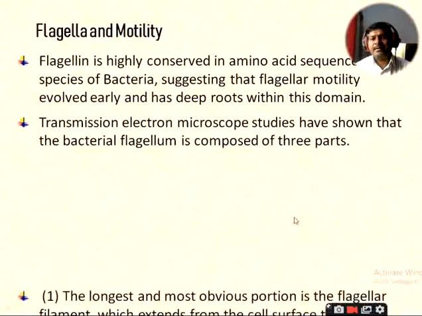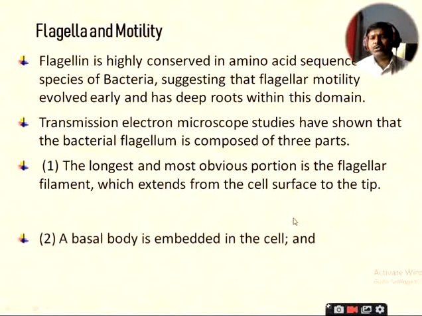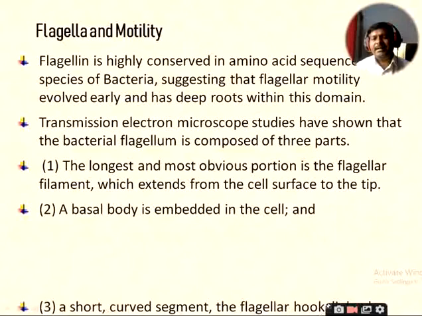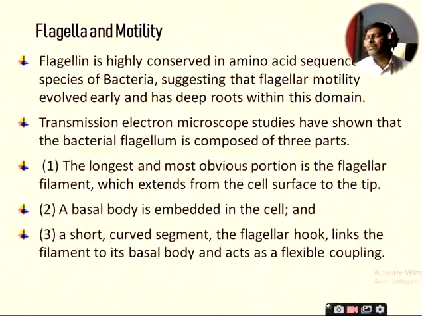The longest and most obvious portion is the flagellar filament, which extends from the cell surface to the tip. Second is the basal body, which is embedded in the cell.